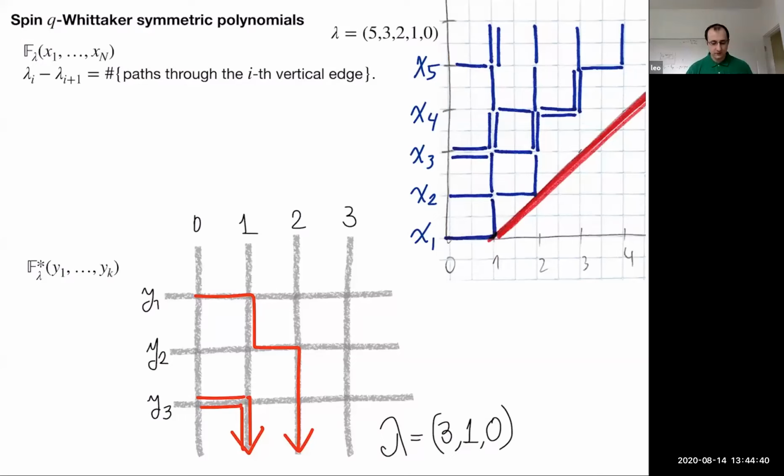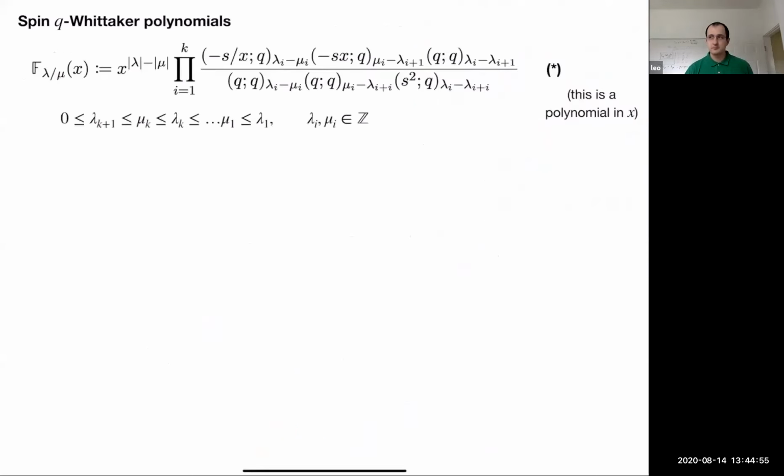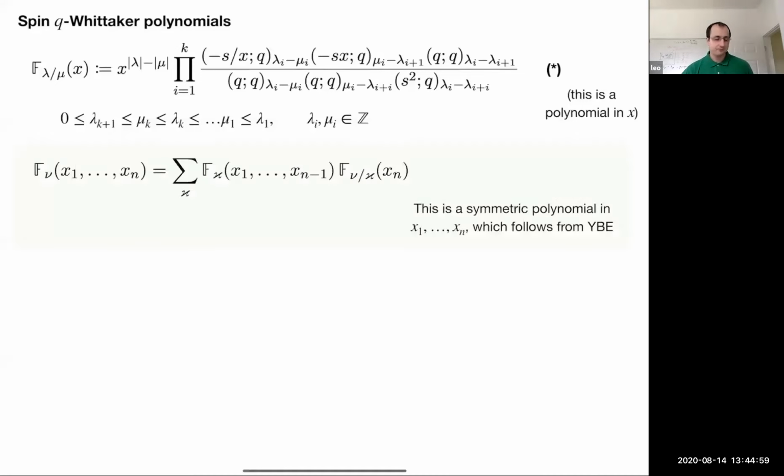So it's basically the same thing. Here lambda plays a slightly different role, a dual role; actually lambda prime plays the same role. There are reasons for this notation, but anyway, I'm just going to run through spin-Q-Whittaker and then get to the spin-Whittaker limit, which has connections with random polymers, instead of spending time repeating the same stuff about spin-Q-Whittakers.